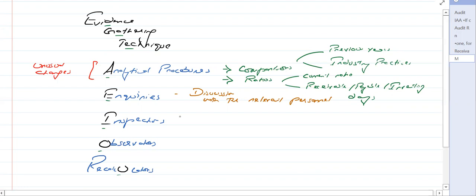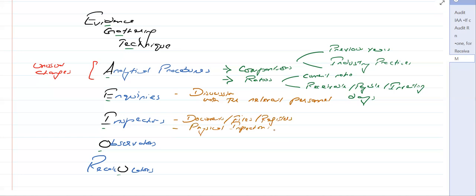And then we have the inspections. Now, inspection of what? Inspections of the documents, for example, the files, for example, the registers. And then alongside, we have the physical inspection as well. For example, you are checking the non-current asset register to confirm the inclusion of the assets when there is a purchase of property, plant.